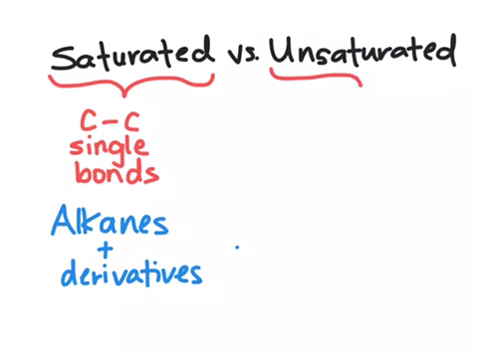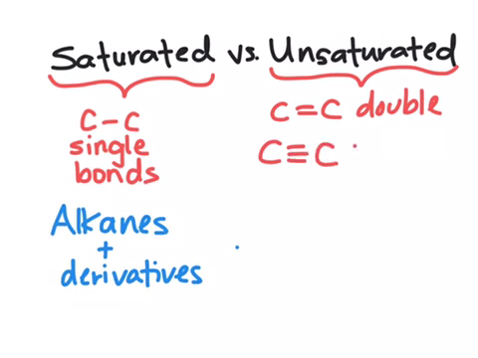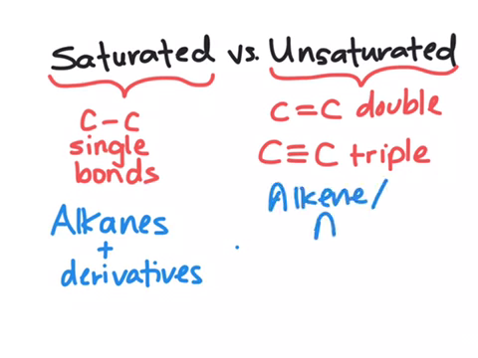An unsaturated hydrocarbon is going to have at least 1 carbon-carbon double or 1 carbon-carbon triple bond. It could have more than one, but it has to have at least one of those features. And so an unsaturated hydrocarbon is going to be an alkene or an alkyne and their derivatives.